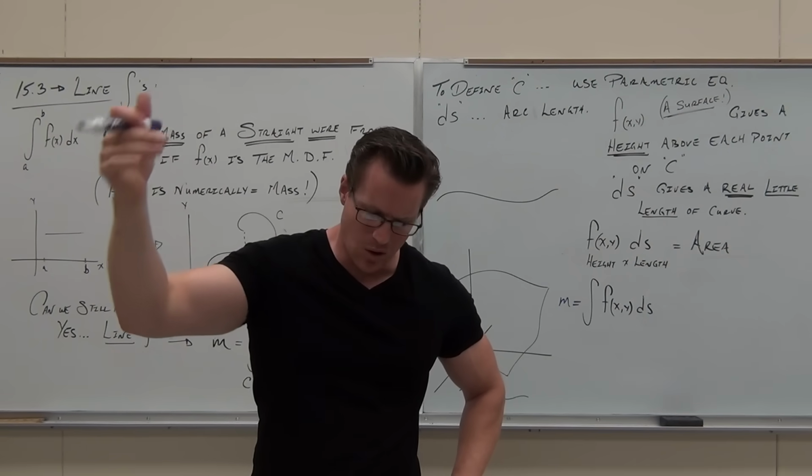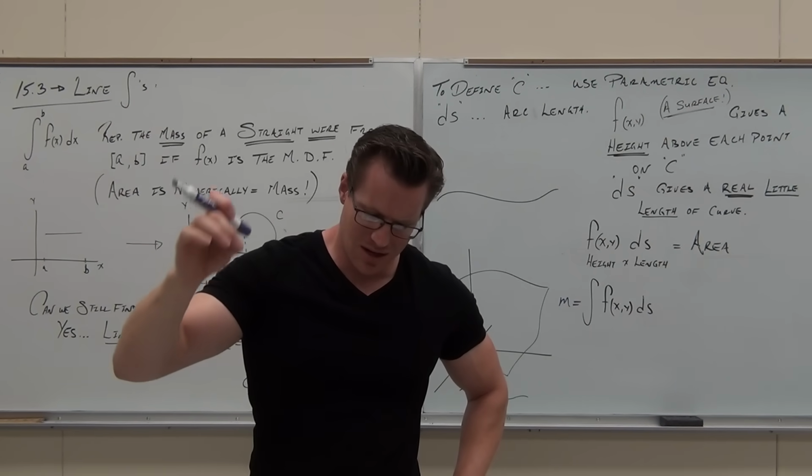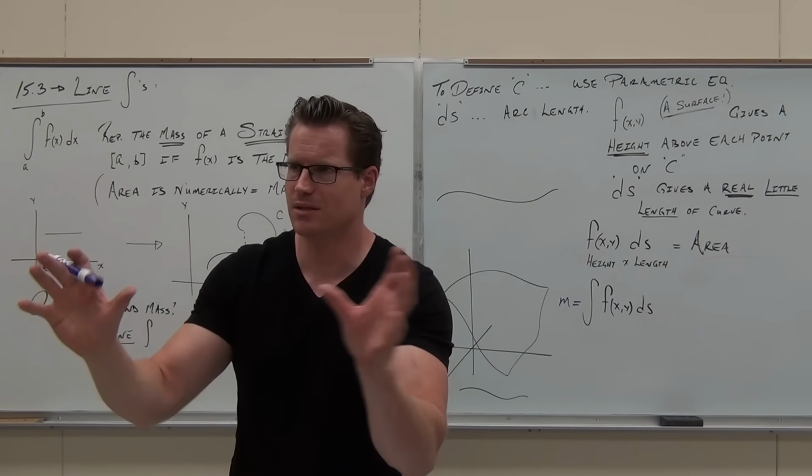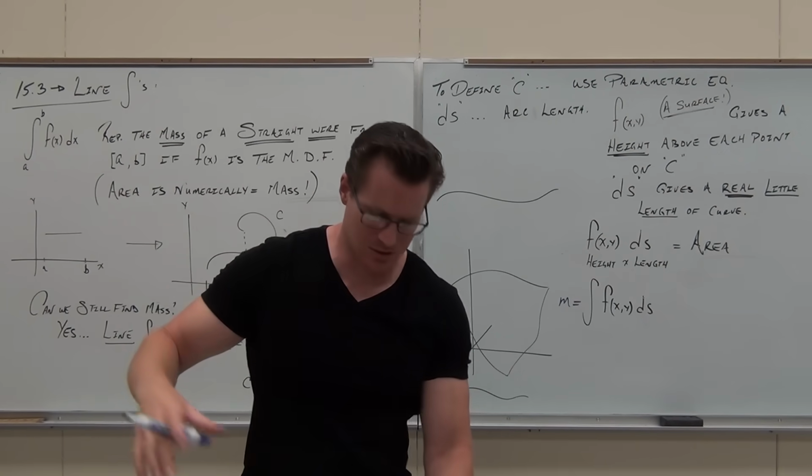So this adds up all the areas, giving us the area under f of x y, but only over the path C. Did you guys catch that from what I just explained? I'm going to write that down so you don't lose it.